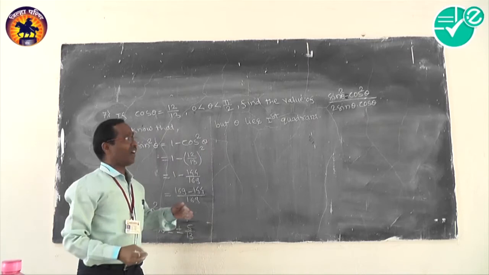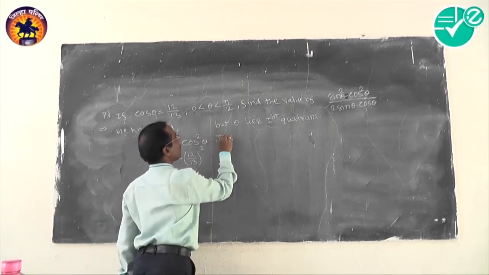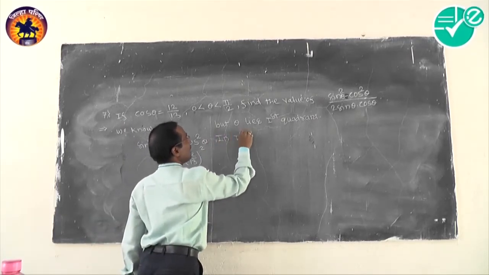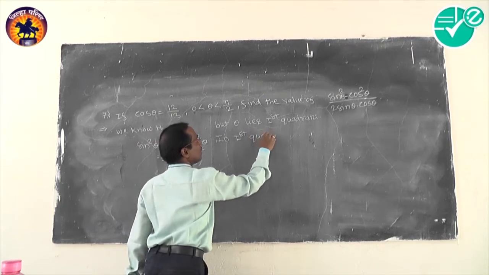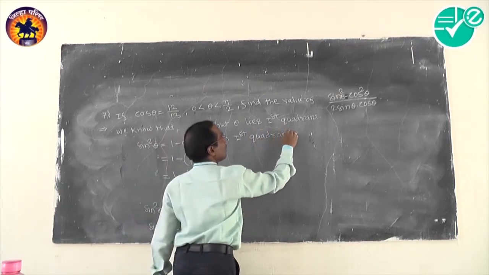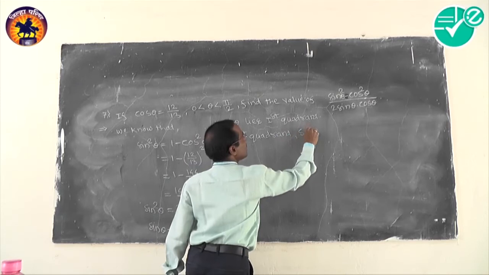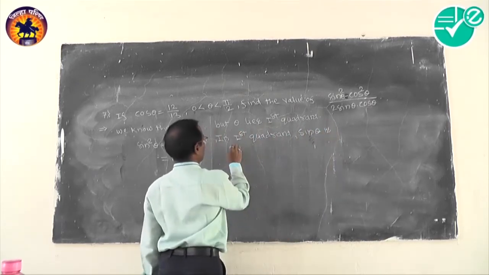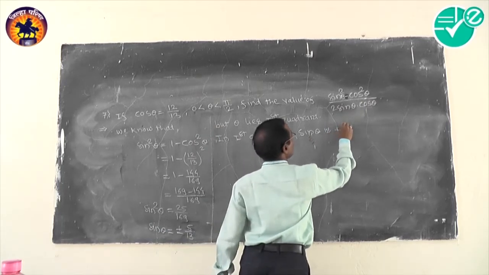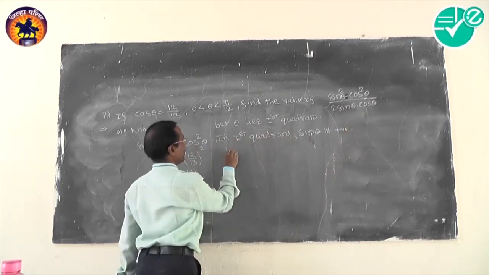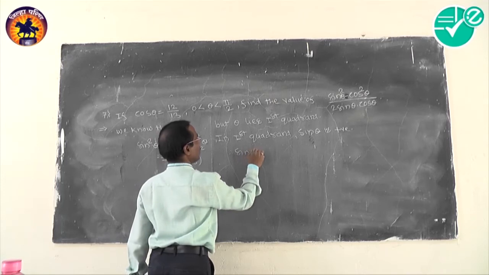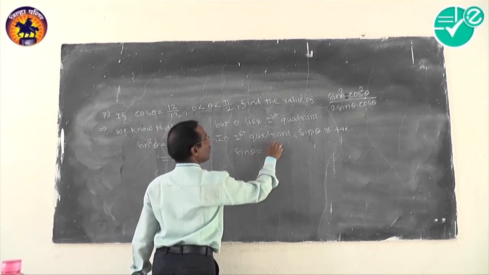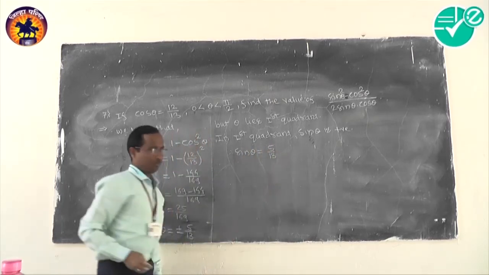And in the first quadrant, sin theta is positive. Therefore, sin theta is equal to 5 upon 13.